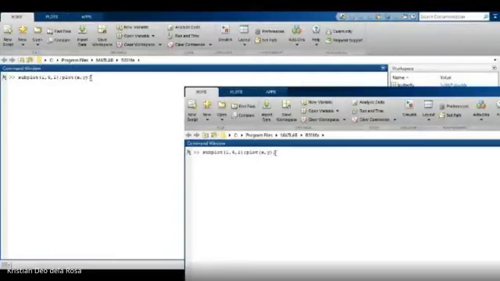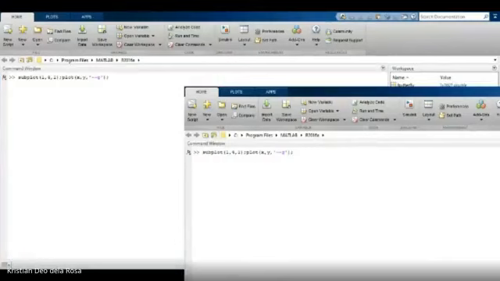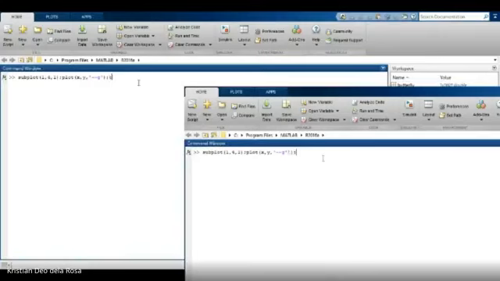Aside dun sa ating default na blue, I want dotted, no, not dotted lines. So I want dashed, then want to put it on green, like so. Okay, that is dashed green, and then let me put the title of this.